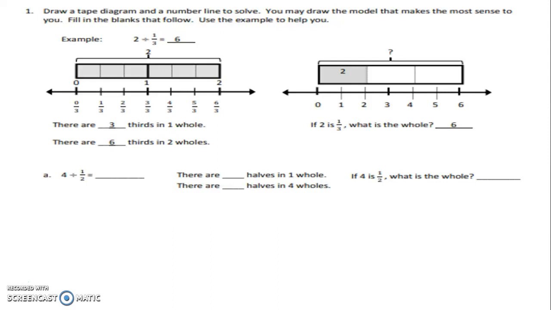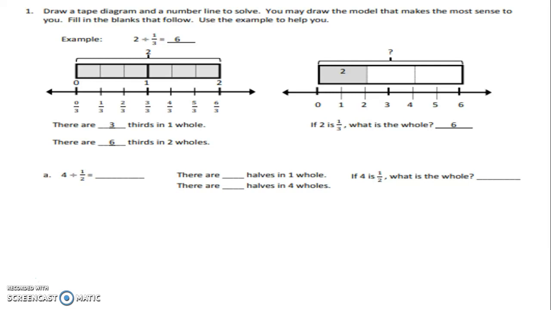On this one, we're going to draw some tape diagrams to work through and try to solve these problems. So it gives us an example of 2 divided by 1/3. So you can see they took the 2 and they divided each section into thirds. They said that there are 3/3 in 1 whole, so that must mean that there are 6/3 in 2 wholes.